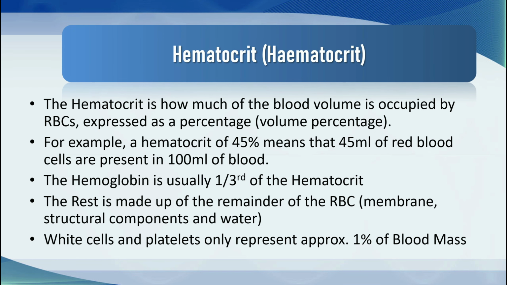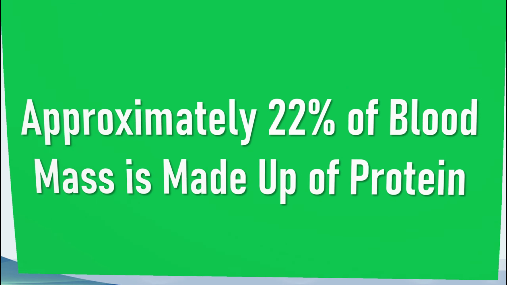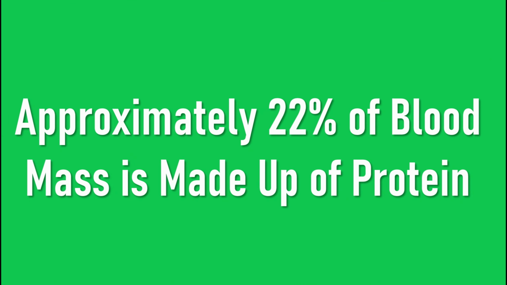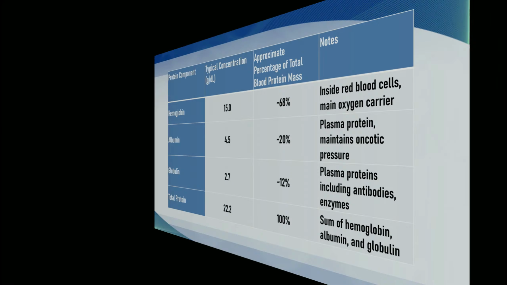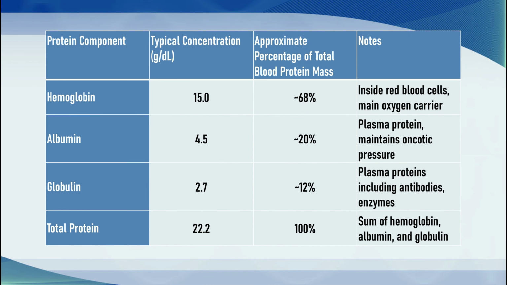White blood cells and platelets represent approximately 1% of blood mass. Approximately 22% of blood mass is made up of protein. Of that, about 70% is derived from hemoglobin, and the remainder come from plasma proteins, approximately twice as much albumin as globulin.